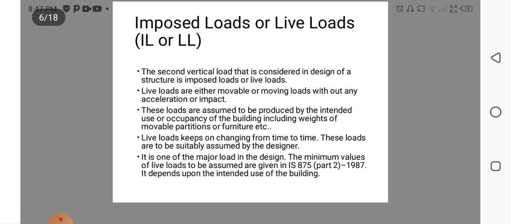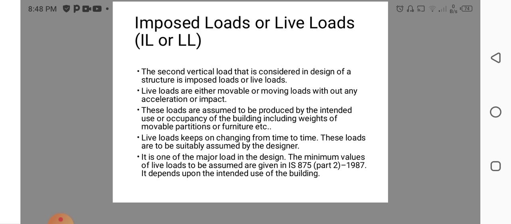Now I will be talking about imposed load or live load. It is the second vertical load which is considered in the design of a structure. Live loads are either movable or moving loads without any acceleration or impact.